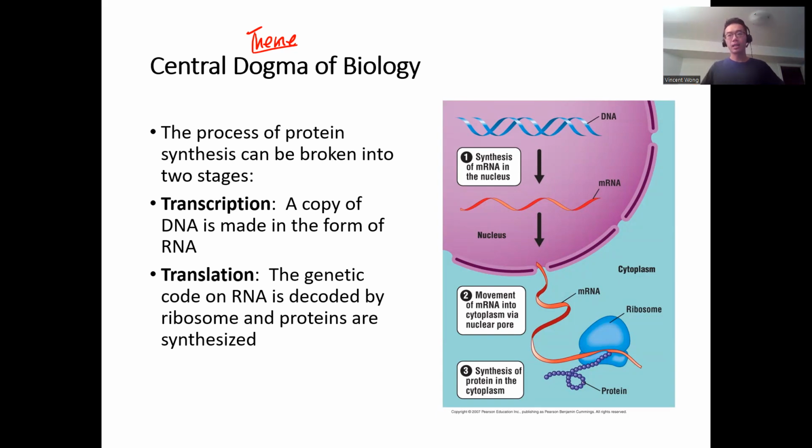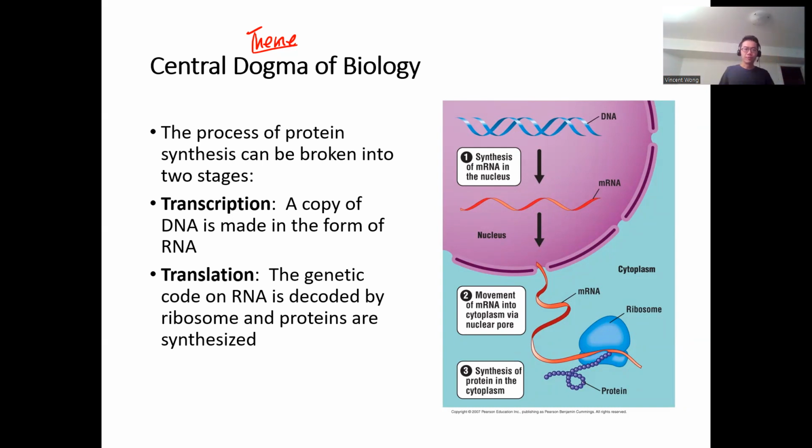So you have the instruction to make the protein in the DNA. But DNA, as I told you, is really big. It's in the nucleus and probably will not fit through the nuclear pores, and the ribosomes are all the way in the cytoplasm. You cannot take the DNA out of the nucleus. It's too big, and even if you could, you wouldn't want to, because it might break down outside of the nucleus.